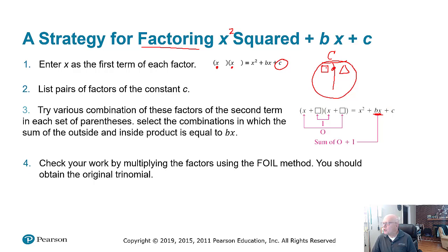And then when you think you've got these two binomials together and you think they're right, multiply them out to make sure you get the original trinomial. If you do that, then this part was correct.